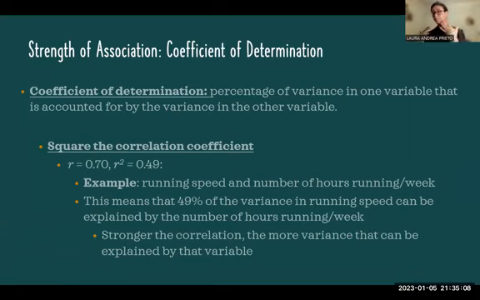Or more simply put, 49% of what I think could influence my running speed is related to the amount of hours I'm running per week. So the stronger the correlation, the more variance that can be explained by the variable.